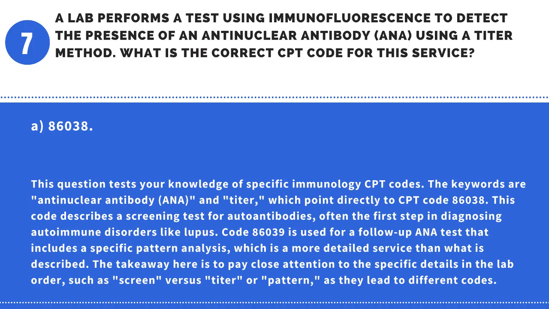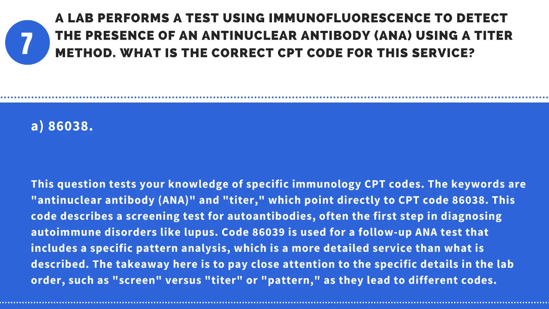Answer, A. 86038. This question tests your knowledge of specific immunology CPT codes. The keywords are antinuclear antibody, ANA, and titer, which point directly to CPT code 86038. This code describes a screening test for autoantibodies, often the first step in diagnosing autoimmune disorders like lupus.